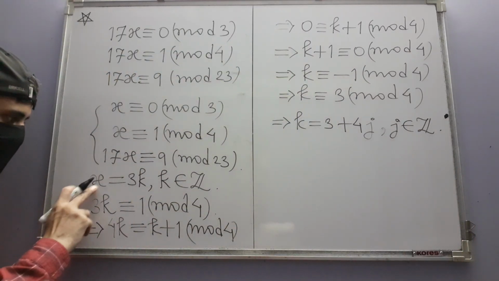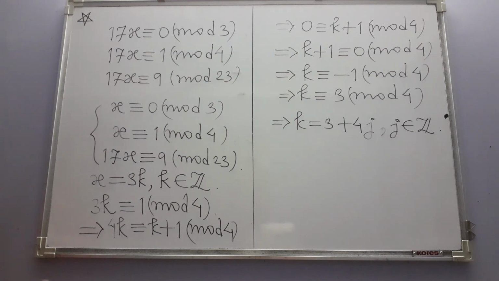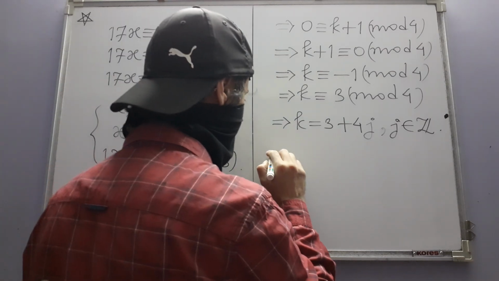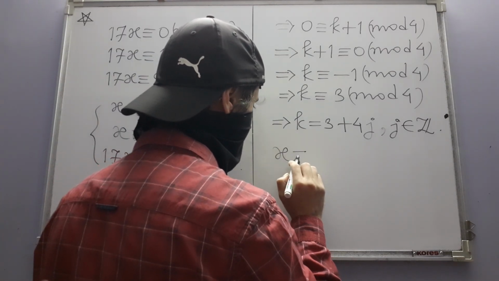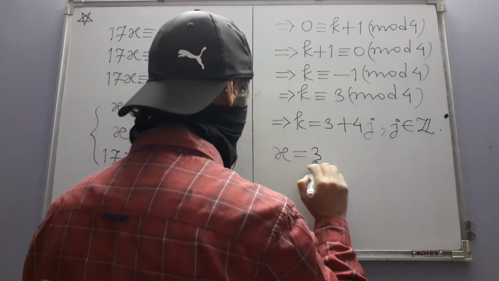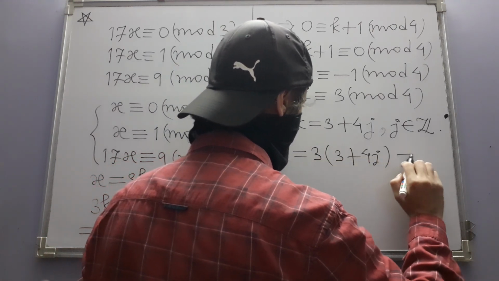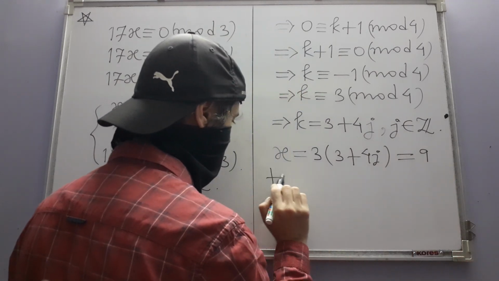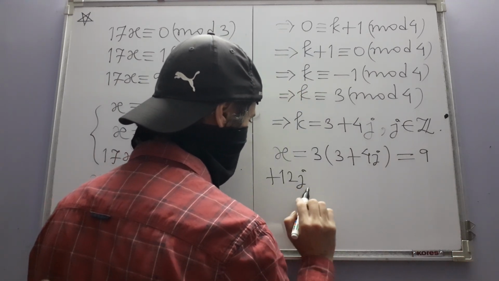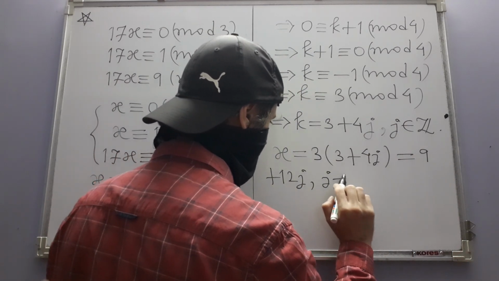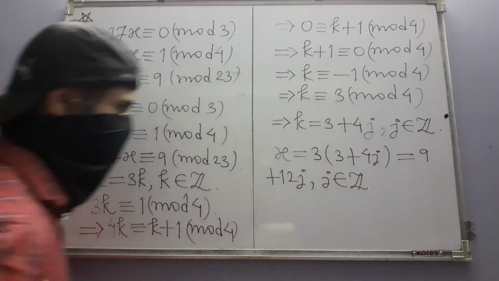So now you know how X looks with this new information. So X is now of the form 3 times 3 plus 4J, or 9 plus 12J, where J is any integer.